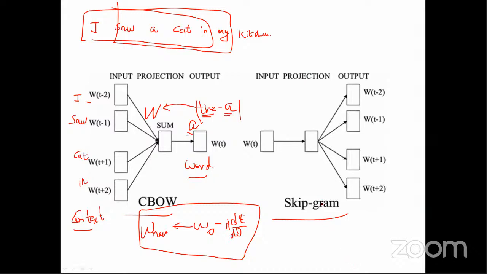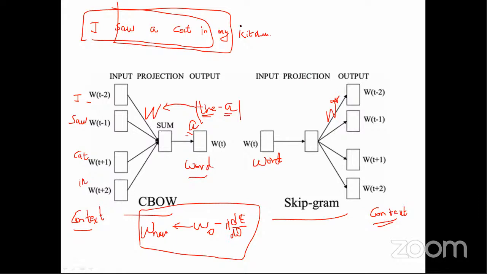In the skipgram model, it's the same thing in a reverse way. Input is a word. You are giving only a word to the model, and what you are expecting is the context. You are expecting the neural network to learn the W until it produces the context.